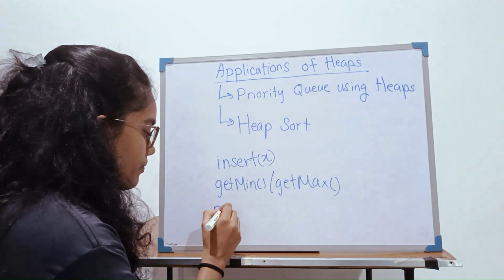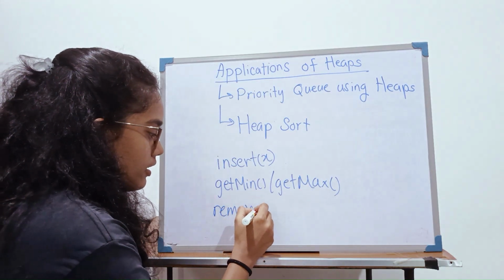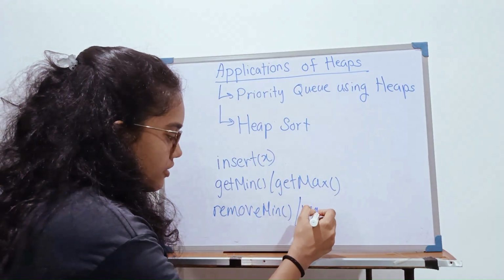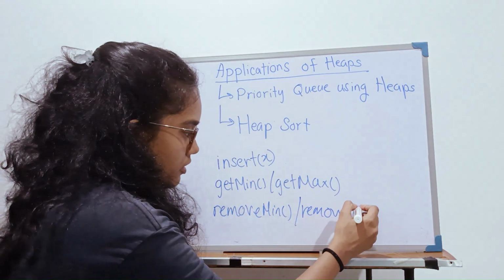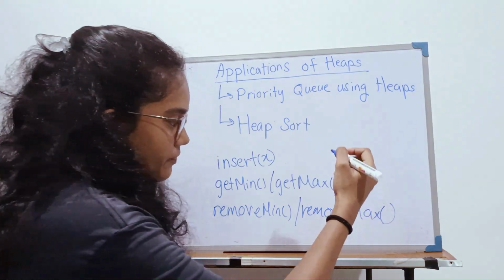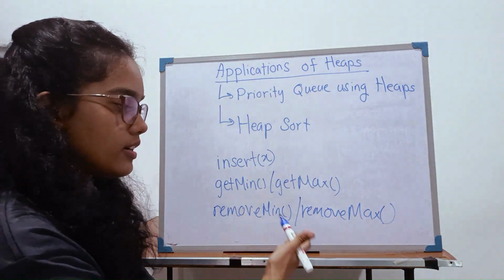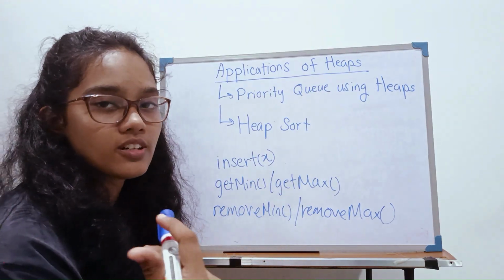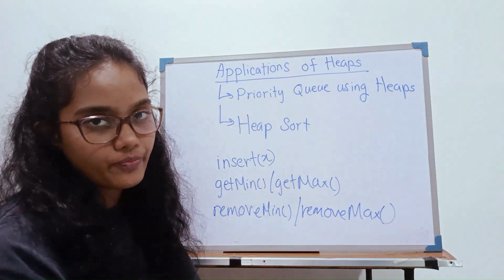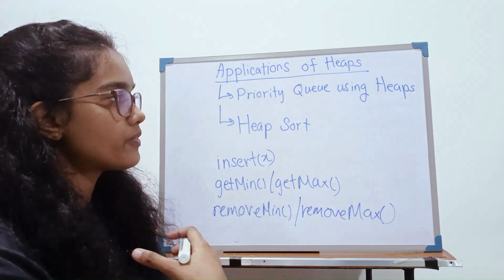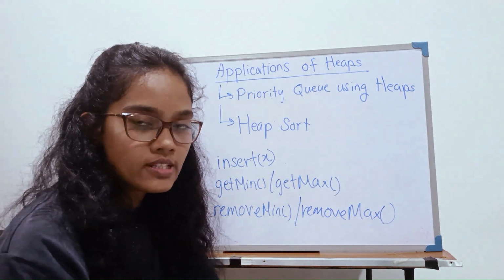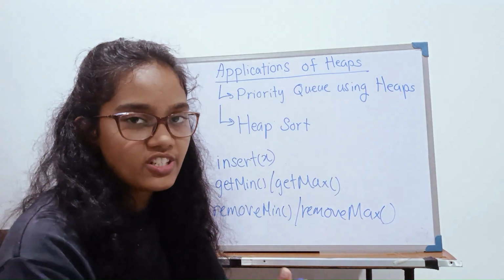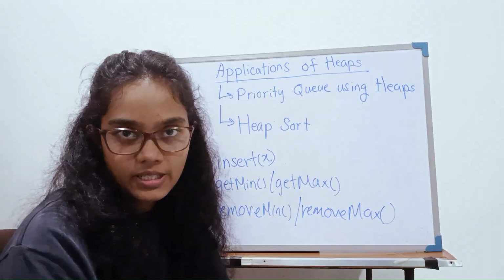Also there are operations remove min, remove max. So these operations just remove the root. So what we talked about was one of the applications of heaps, which is the priority queues used in heaps.